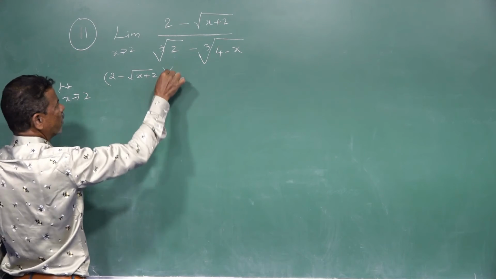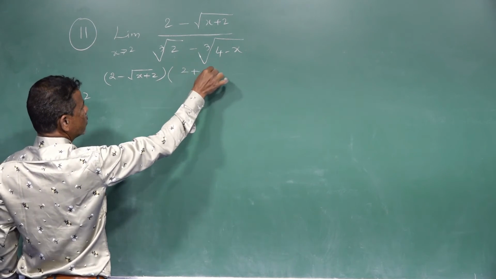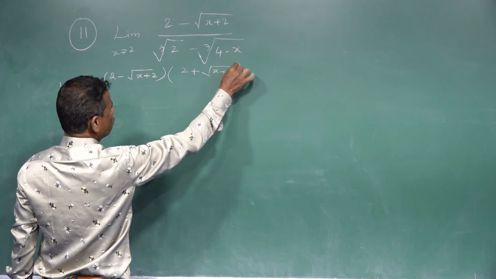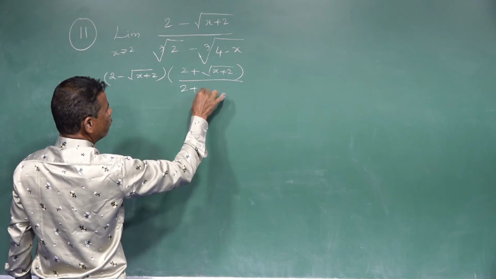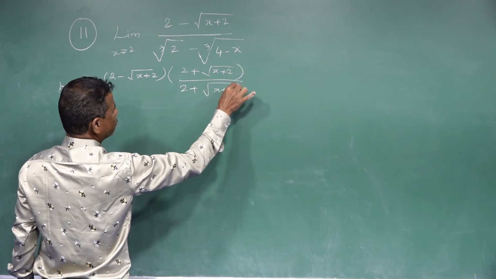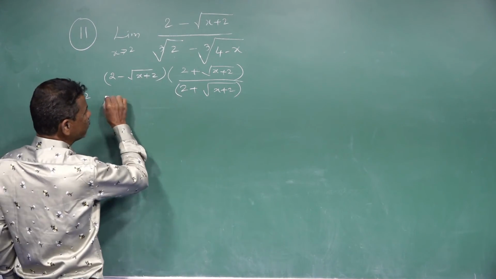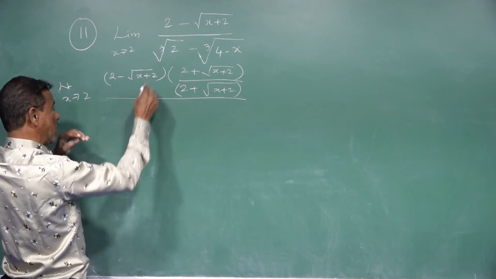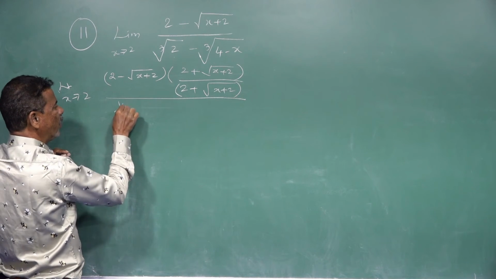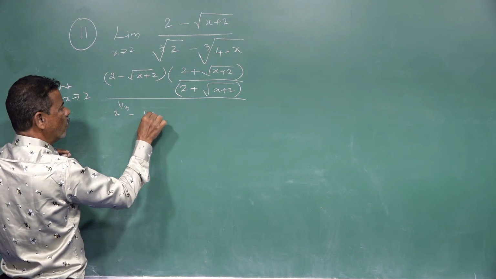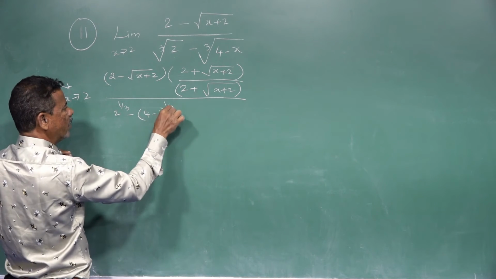For this, the rationalization factor is 2 plus root of x plus 2, division by the same term, 2 plus root of x plus 2. This is over. After this, here this one is 2 power 1 by 3 minus 4 minus x power 1 by 3.